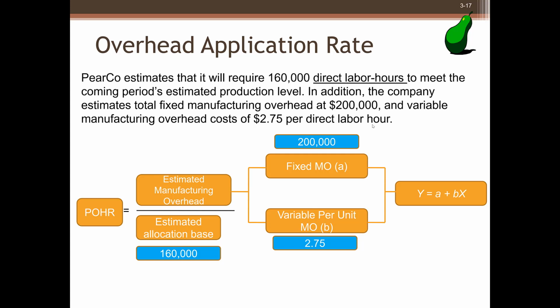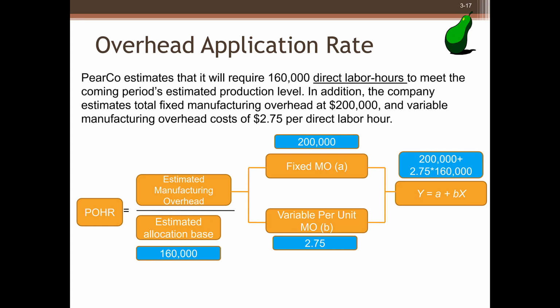Keep in mind, direct labor hour is our allocation base. Step 3, based on the equation here, y equals a plus bx. X is same as step 1, that's the total level of allocation base, 160,000.